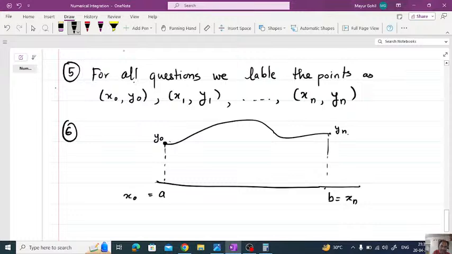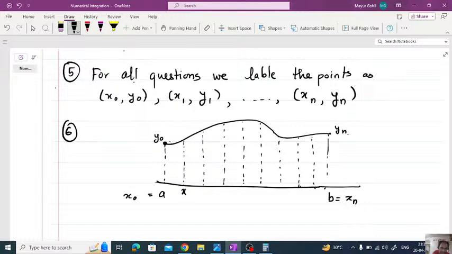Now you divide the interval into equal portions. So the first point is x1, then x2, x3, x4, x5, and so on.